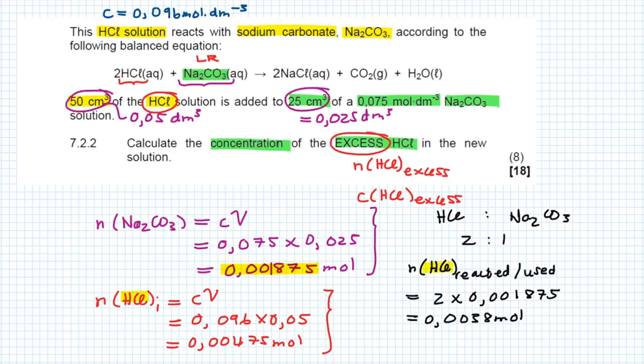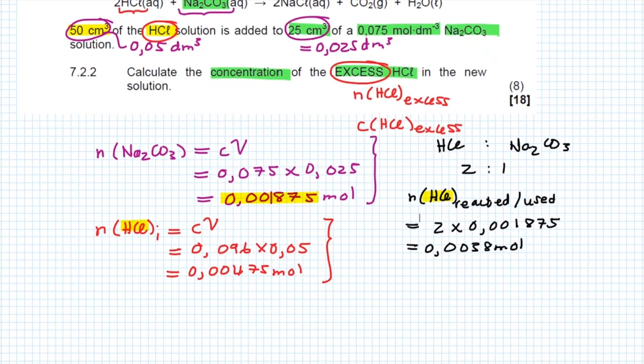So now we know the number of moles of HCl that we started off with, and we know how much of it was used. We can use these two values to calculate the number of moles of HCl that is in excess. We say the number of moles of HCl that is in excess is going to equal the initial number of moles minus the number of moles that was used.